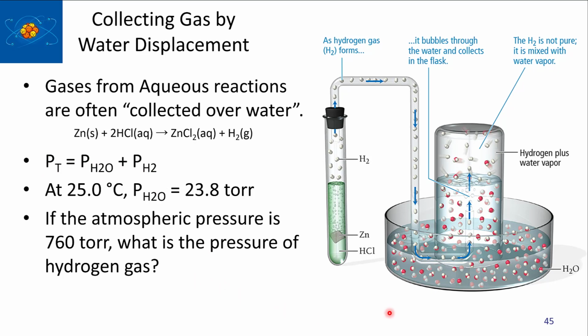So if the atmospheric pressure was 760 torr, what is the pressure of hydrogen gas? To do that, all you need to do is say PH2 is P total minus PH2O, which is 760 minus, and at 25 degrees it would be 23.8 torr, and those are both in torr units.